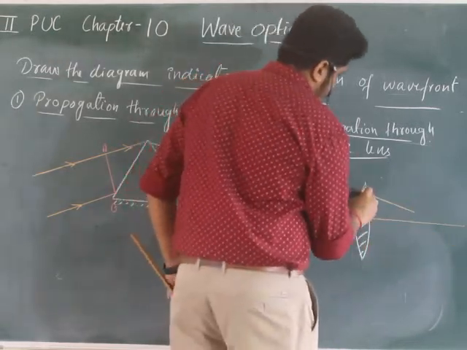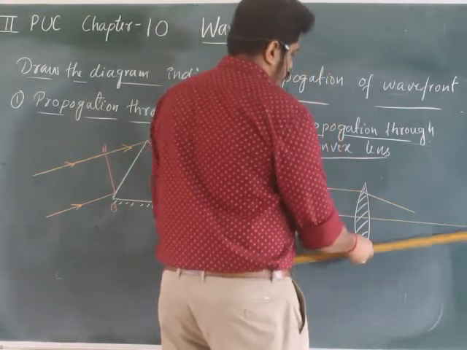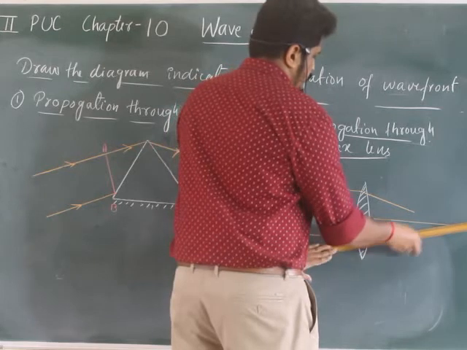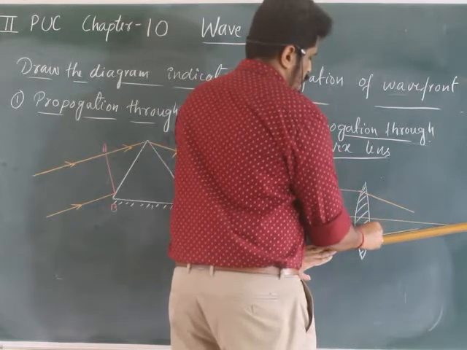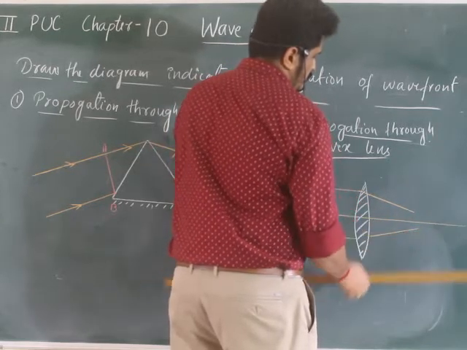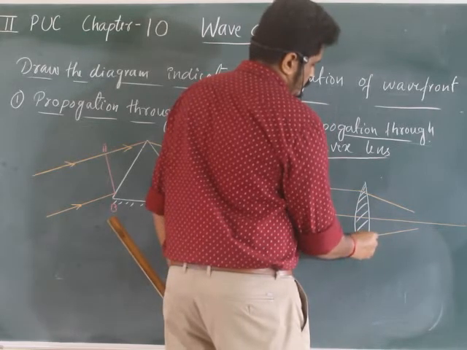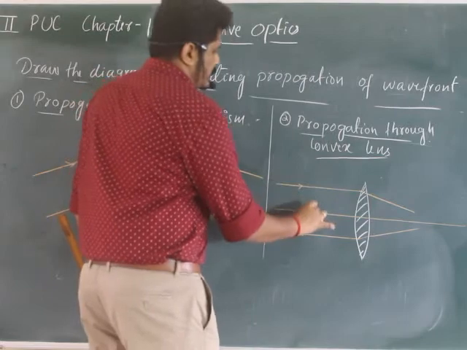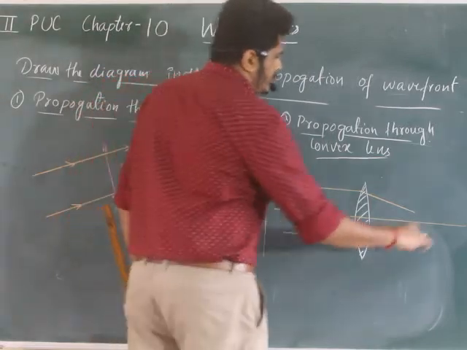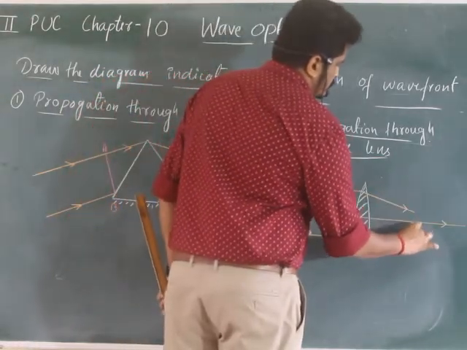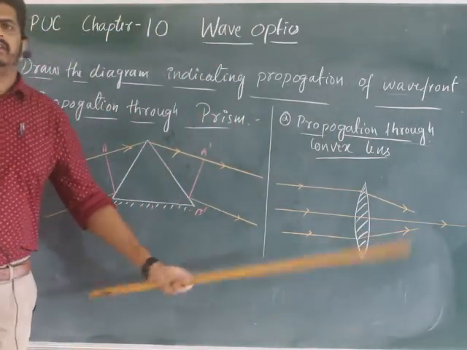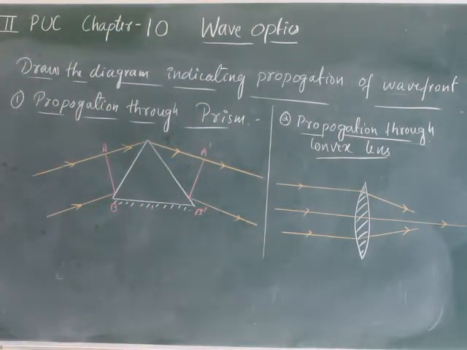Correct. Here also. Like this. So one ray goes undeviated, it will move like this. So this is what we have learned in the ray optics concept.